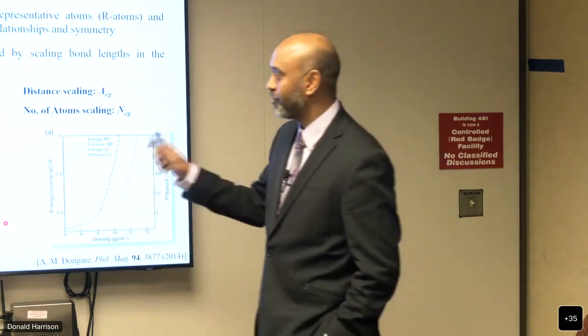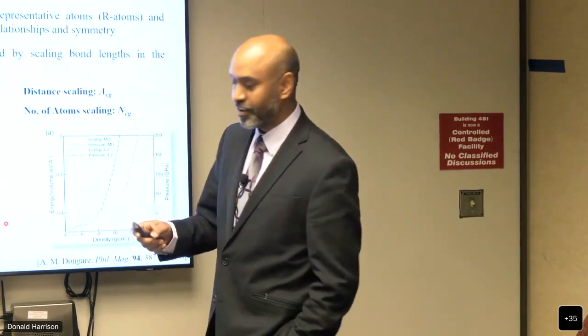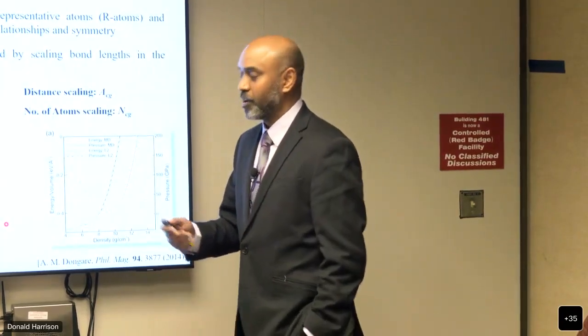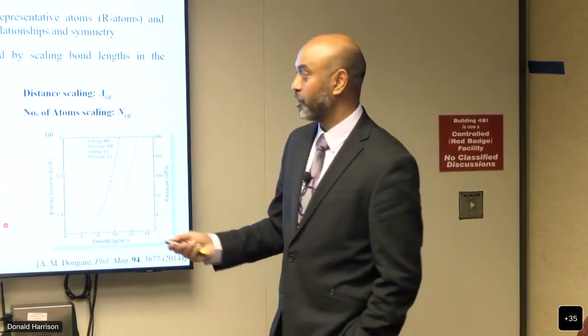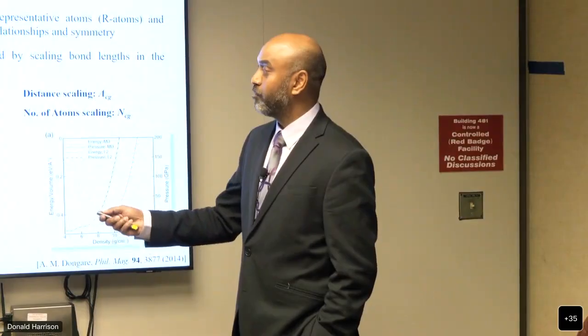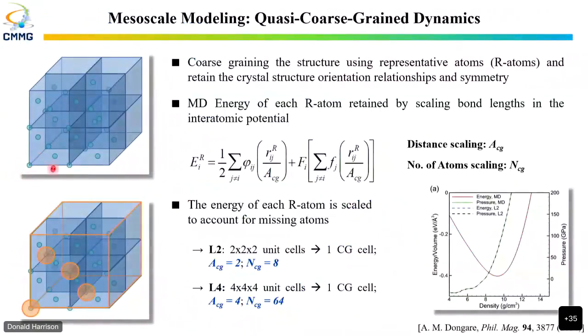Okay, I don't have a slide on that, but the idea, Ivan, is that you're basically running an MD simulation with representative atoms. So what we do is we know that in an EAM potential, the energy of one atom, let's say this corner, is determined by the surroundings. So how many nearest neighbor atoms does it have? What are the second nearest neighbor atoms, the third nearest neighbor atoms, and so on. So all we do is take the same volume, and we basically tell this atom, which is a representative atom, that it basically has the same surrounding as it would be.